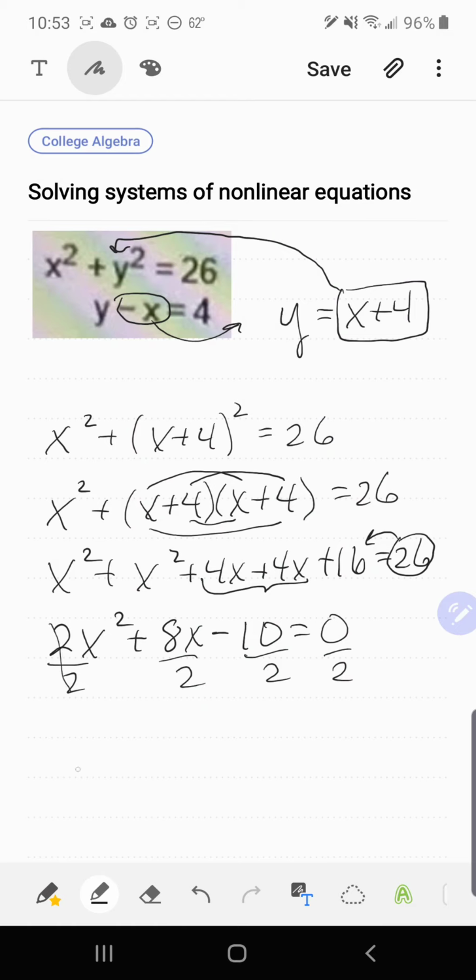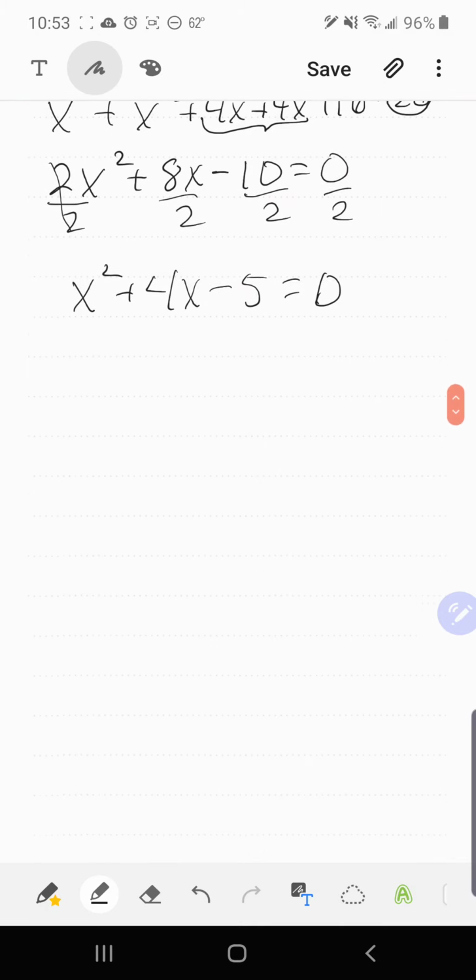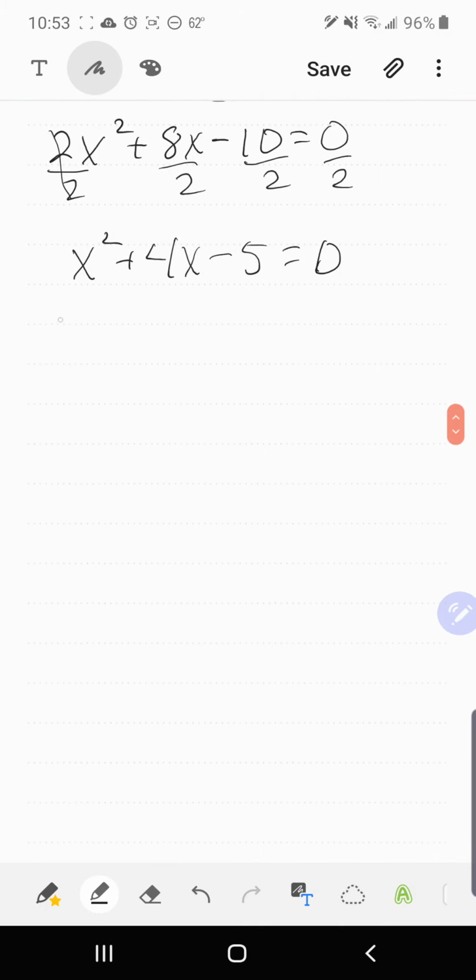All right, so we're going to have x squared plus 4x minus 5, and 0 divided by 2 is 0. And then we're going to factor. So, if we read the signs, minus makes the signs different. x and x make x squared.